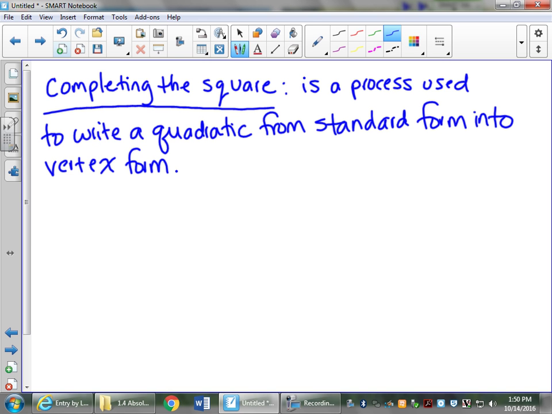It's going to allow you to go from standard and write that standard form equation as a perfect square trinomial, which you can easily factor into that vertex form.